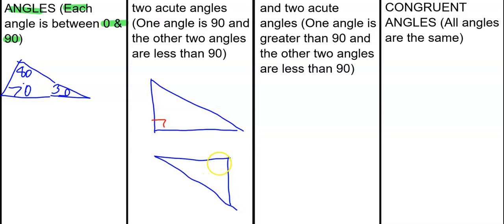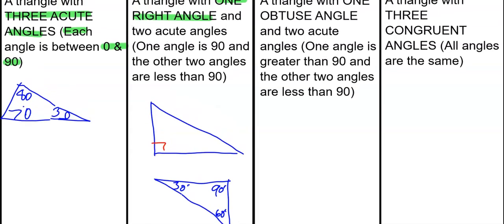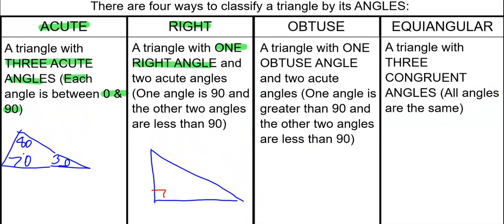If it gave you the angles, one of these could be 90, and then the other two would be acute. I could give you just that right angle box. That means a right angle, and that makes that a right triangle, and then the other two angles are acute.